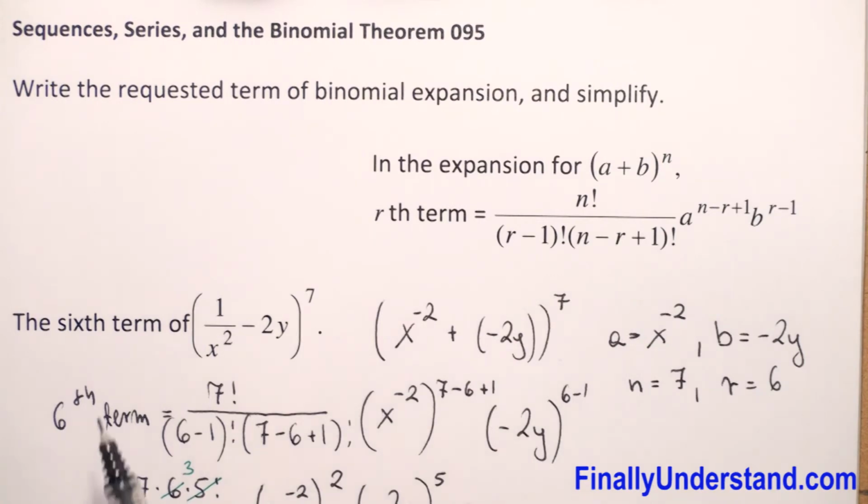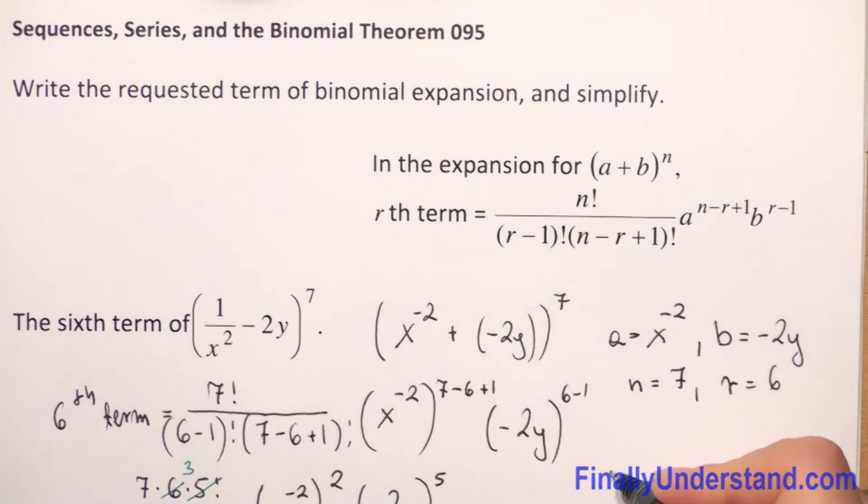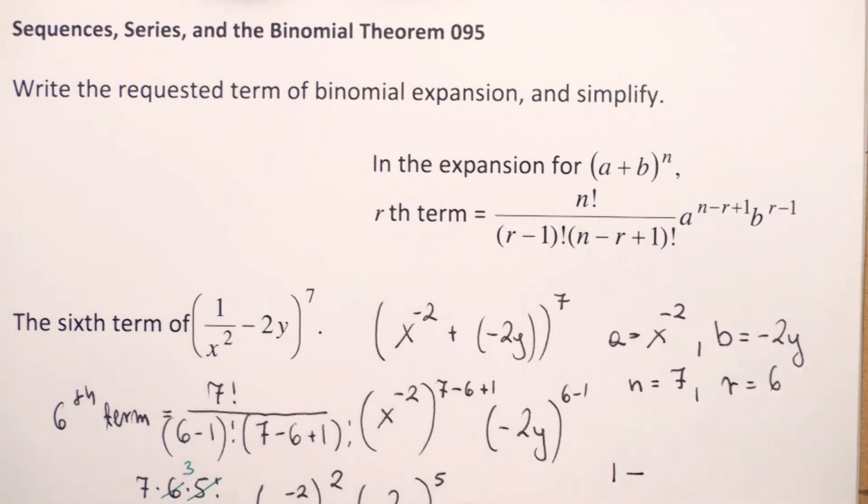If we have to find the sixth term, we always start from the highest power. So the first expression, x to the negative 2, we raise to the 7th power, and the second we start from 0. For the first term, x to the negative 2 will be to the power 7, and negative 2y is to the power 0.